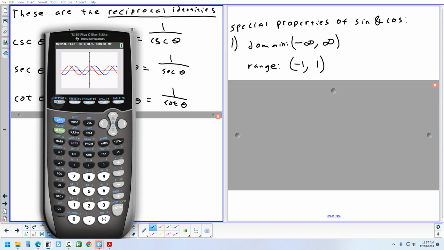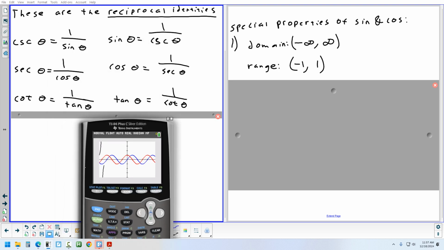Now, if you're wondering, why didn't I write down properties for tangent and all the other ones? They're a lot different. So tangent looks extremely different. It has vertical asymptotes, and it is not connected. You have to pick your pencil up each time you draw a new section. Same thing with secant, cosecant, and cotangent.